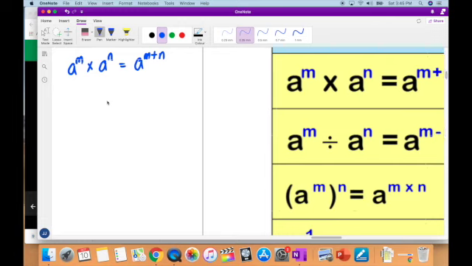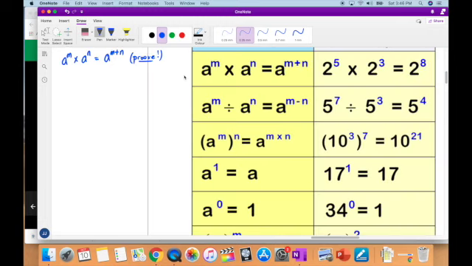I want you guys to prove this. How can we prove that this is true? And we did the proof for this last time. Last time when we did the laws of indices, we actually did the proof. Well, tell me, what is it?